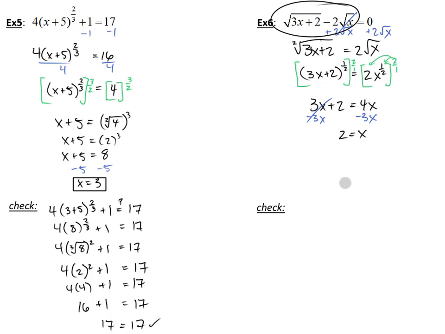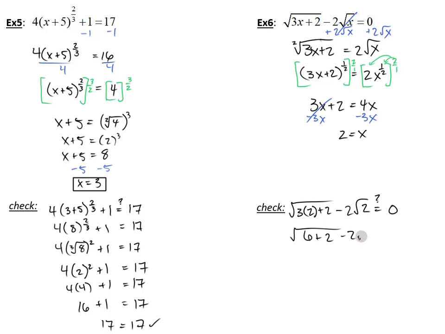If I plug back in here, would this equal 0? So the square root of 3 times 2 plus 2 minus 2 times the square root of 2, does that equal 0? Well, 3 times 2 is 6 plus 2, I guess, is 8. Oh goodness, without a calculator, this might be difficult.